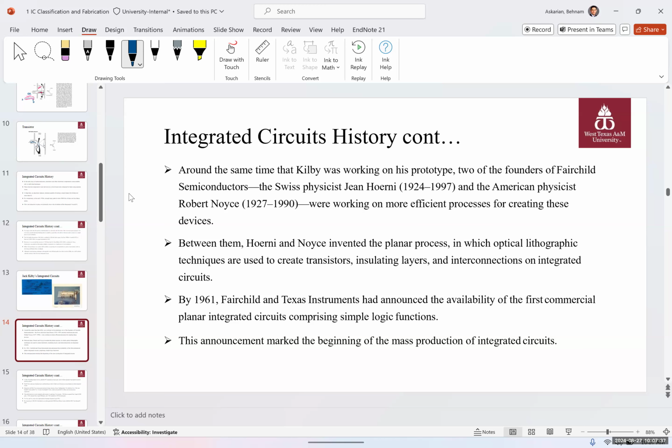They were actually the founders of Silicon Valley. They also invented the optical lithographic machines that are vastly used right now to print and build these ICs.